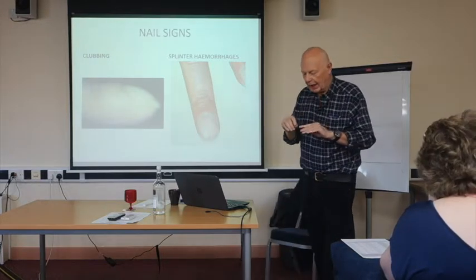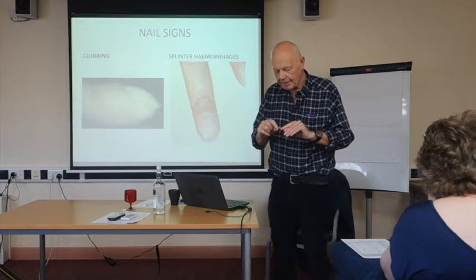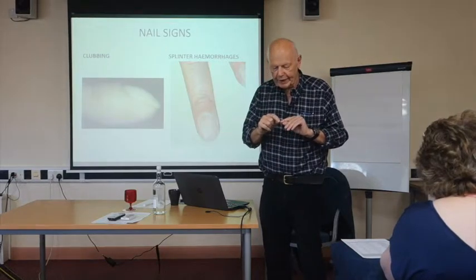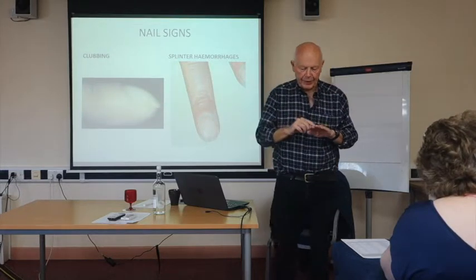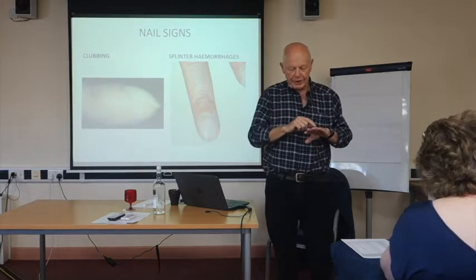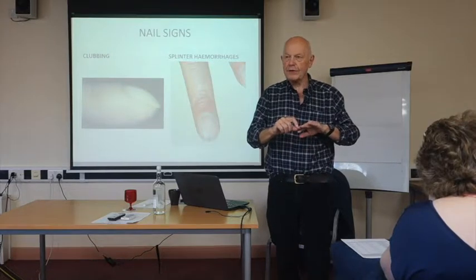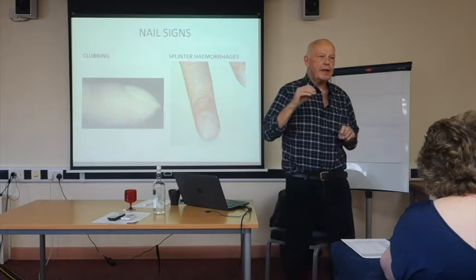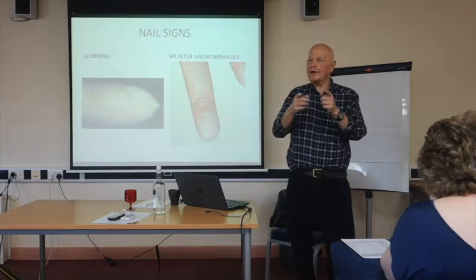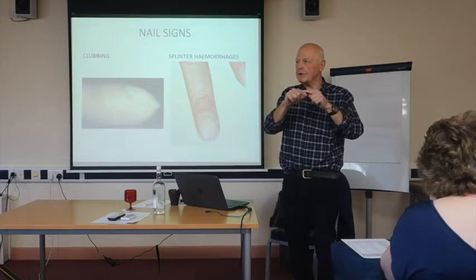Now, underneath the nails is your window on what the capillaries are like. So if you happen to have one of these things that manages to get to a capillary under the nail and sticks there, you'll see it like a splinter hemorrhage. It doesn't mean that they will automatically seek out the nail to go and squat under.